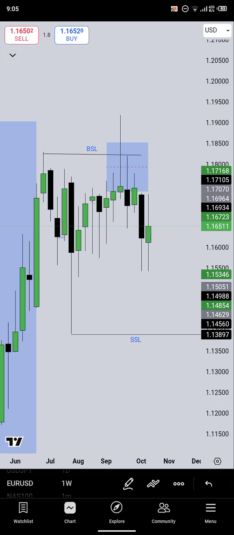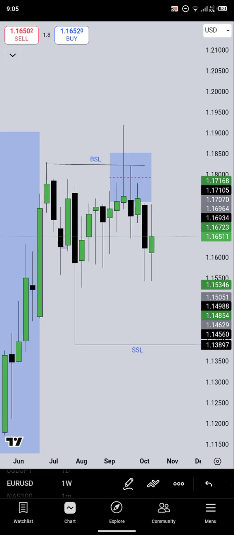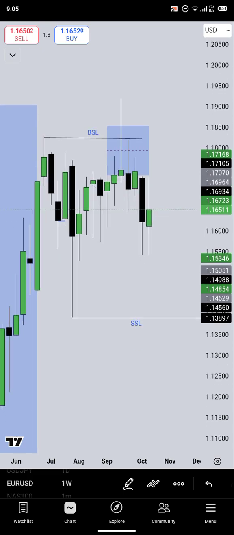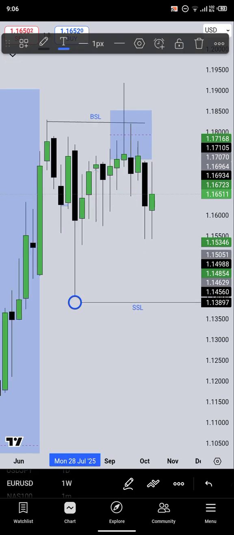We can see the structure of the turning point of what happened there. Most of the time, once price takes out liquidity like that, it's looking for the nearest liquidity. So what is the nearest liquidity? You have the sell side liquidity.